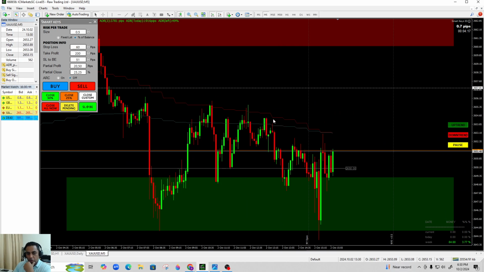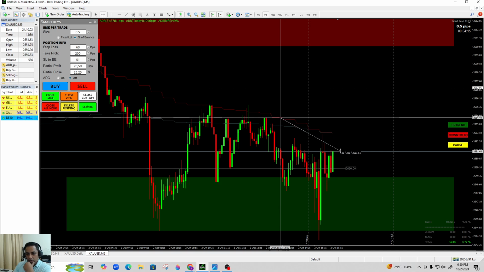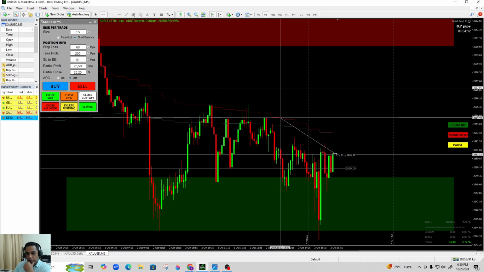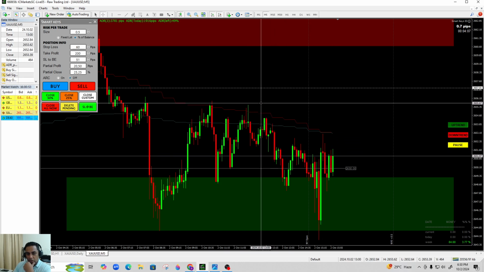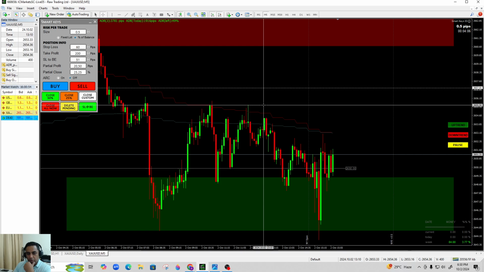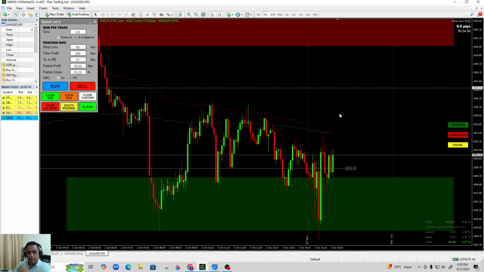There's no wick at the top there, right? So that's about 29, 30 pips away. A 15-minute candle needs to close above for us to get to this high, then probably that high.